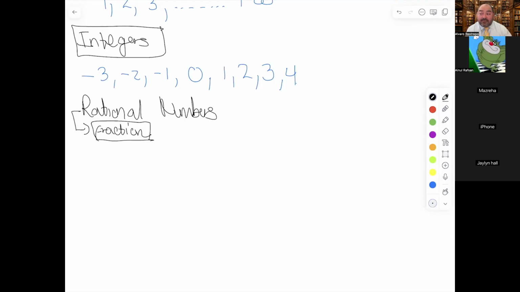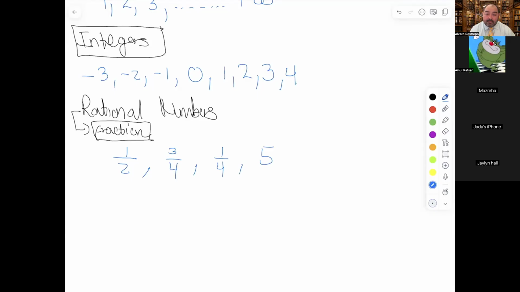So what are some fractions? Well, we have a half, right? We have 3/4. We have a quarter, right? All of these are fractions, right? Who disagrees with that? What about 5? Can 5 be a fraction?